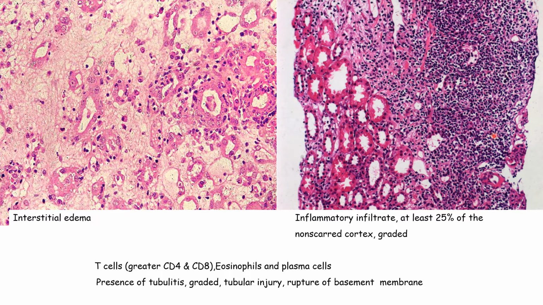The lymphocytes are admixed with eosinophils and macrophages, and when they occupy more than 25% of the interstitium, devoid of changes of chronicity, they get labeled as definitive T-cell mediated rejection.